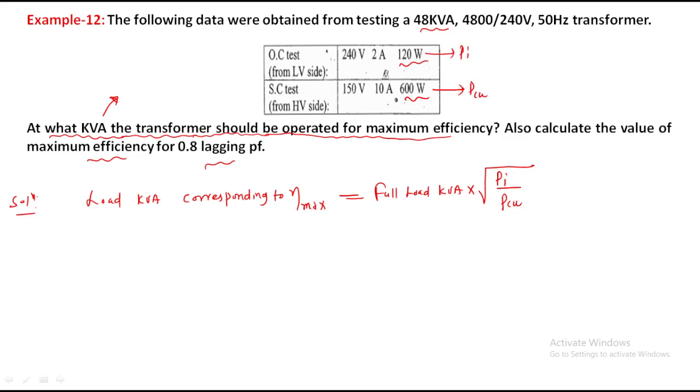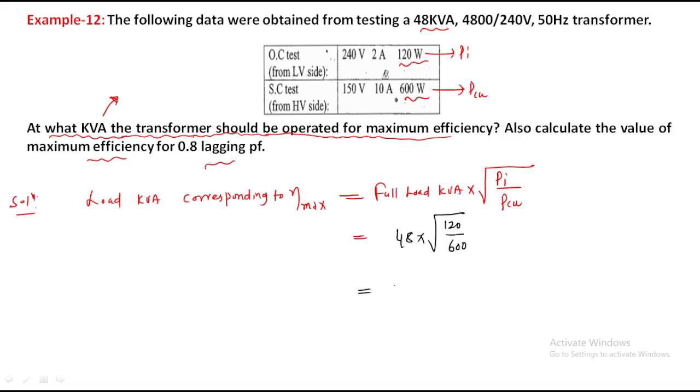is nothing but the fraction of x corresponding to maximum efficiency. Therefore the answer is full load kVA, which equals 48 into, in terms of kVA you have to write, 10 cube. 48 into square root of 120 by 600.